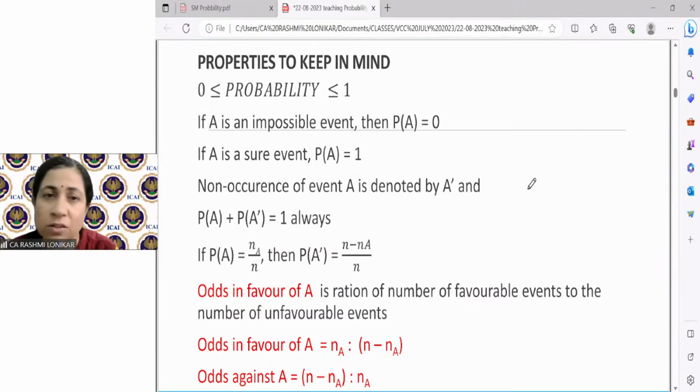One event will occur, then the other will not occur. Uvarasi, equally likely events means every event within that universal space that we are talking about will have equal chance of occurring.